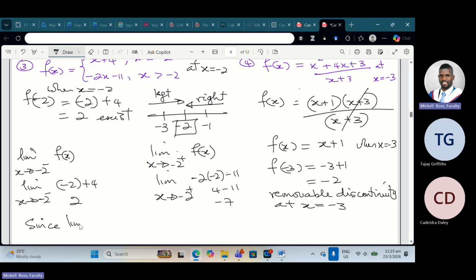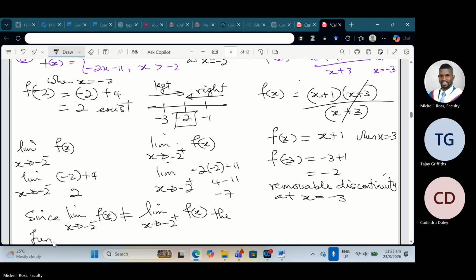So since the limit as x approaches negative 2 from the left-hand side of f of x is not equal to the limit as x approaches negative 2 from the right-hand side of f of x, the function is not continuous, right?